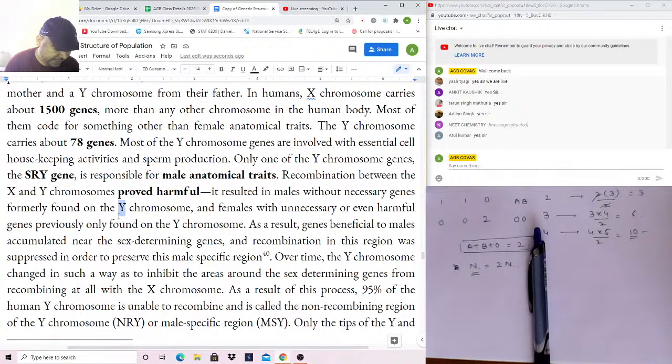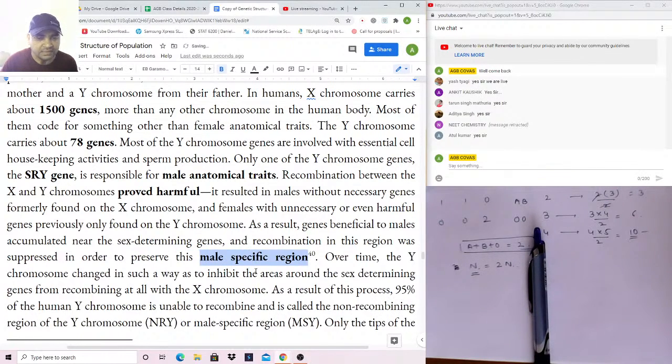As a result, genes beneficial to males accumulated near the sex determining gene. Recombination in this region is suppressed in order to preserve the male specific region.